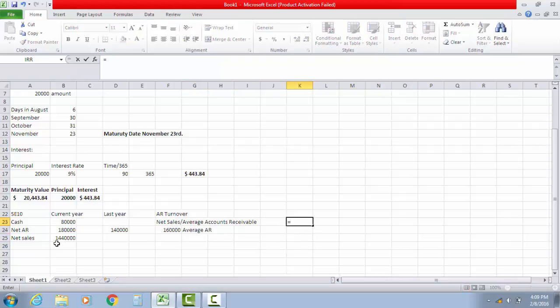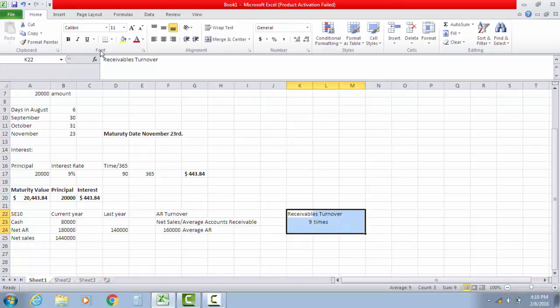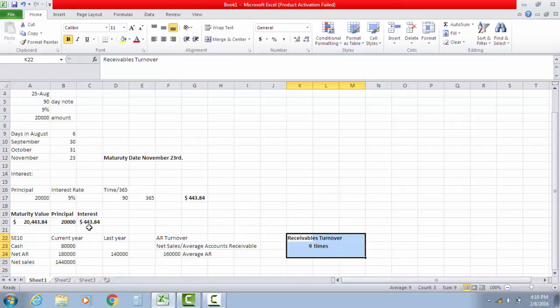So we would have the net sales of 1,440,000 divided by 160,000, which is the average AR, and your receivables turnover is 9 times. Any questions on that? If there's some confusion regarding the average and whatnot, please let me know.